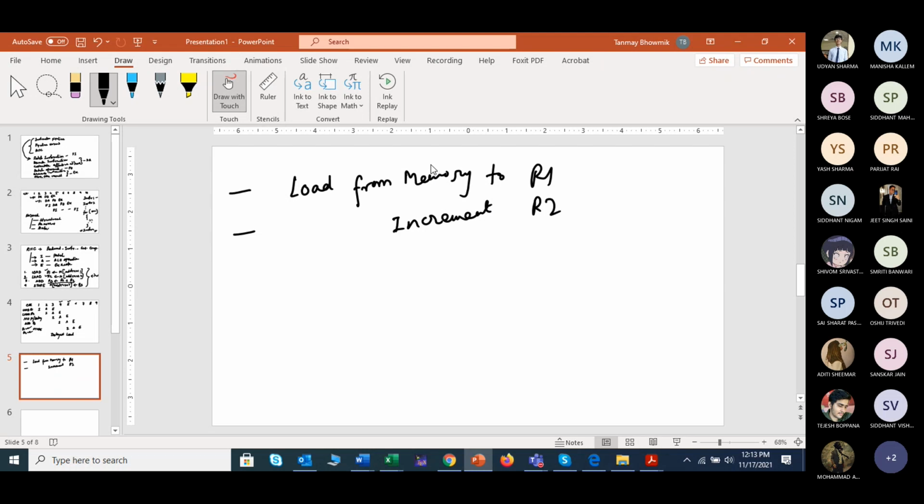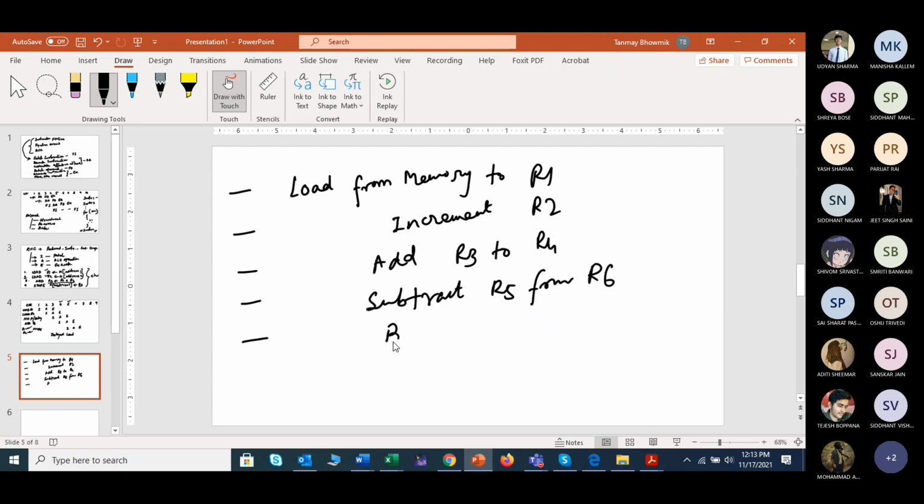Here I have not specified; you can specify memory address 1 to R1, increment R2, then add R3 to R4, then subtract R5 from R6, then branch to address X, and then the next instruction in X. So say all these steps have been given.